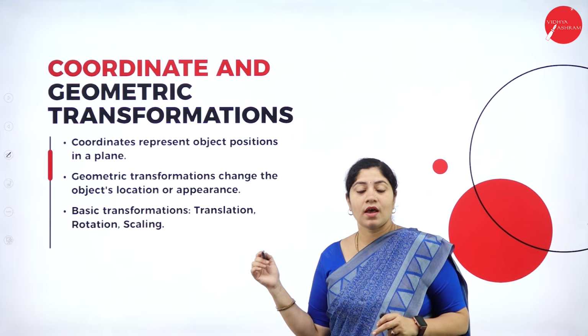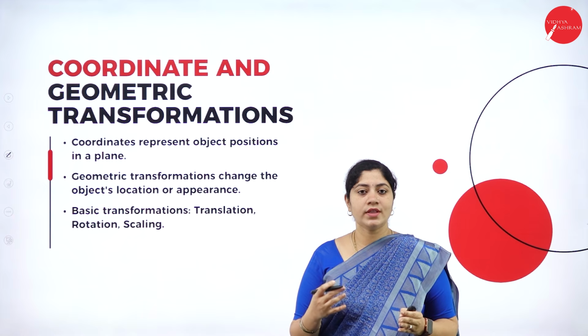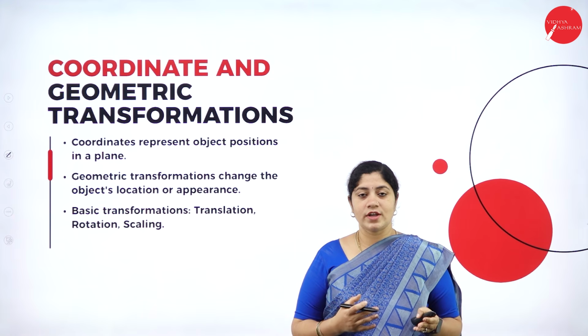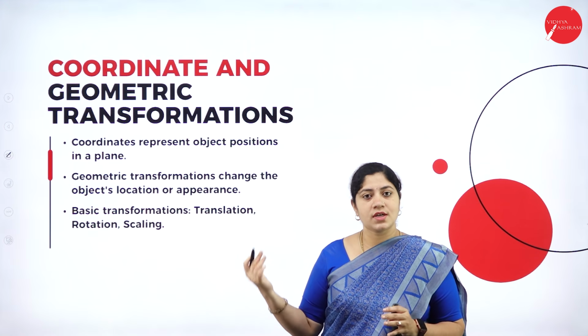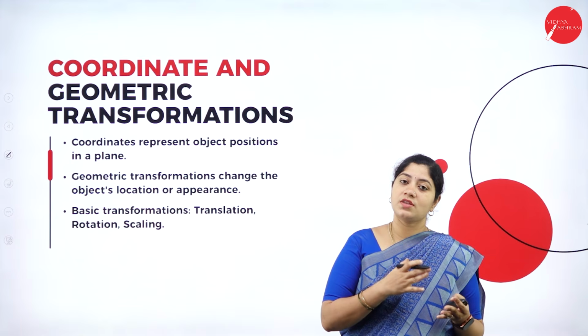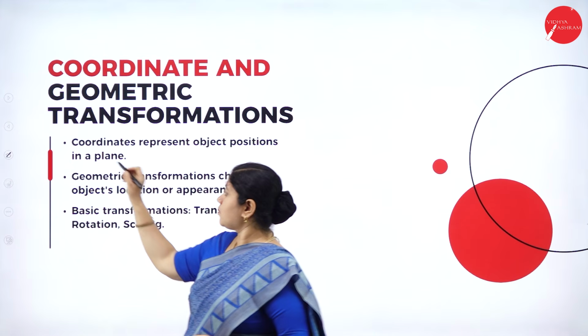All right, now we have seen the translation of a line joining, that's from x' y' to the x and y coordinate systems, correct? Now it's time to understand what a coordinate is, what a geometric transformation is, and what a basic transformation is. Let's start with the basic concept of coordinates.